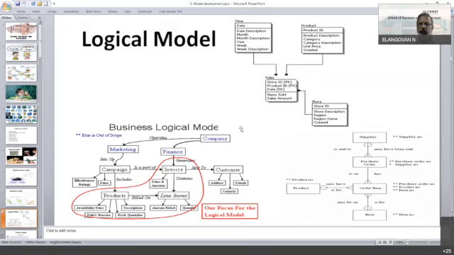Similarly, in computer science, when writing a program, you will have a logical model: if this, then do this; if no, do this. That is called a logical model. Models will tell us what to do in any case. So this is how it will look.